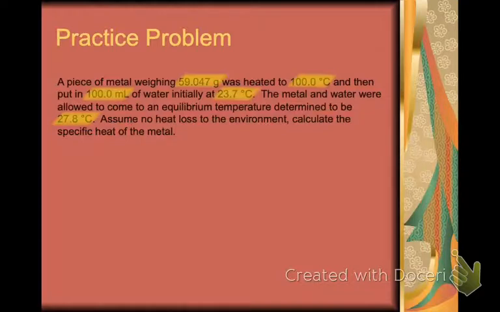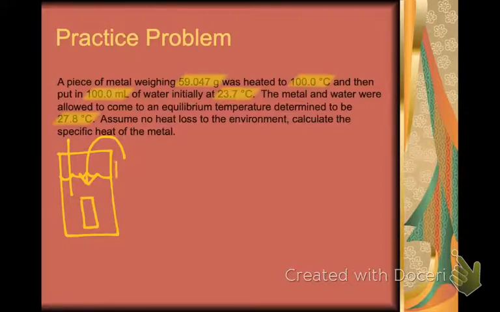We're also going to assume no heat loss to the environment, and I want you to calculate, in this case, the specific heat of the metal. So let me draw a little schematic about what's happening here in this particular reaction. I have my coffee cup calorimeter with a lid, and a thermometer goes in. I'm adding a hot piece of metal to this reaction vessel.